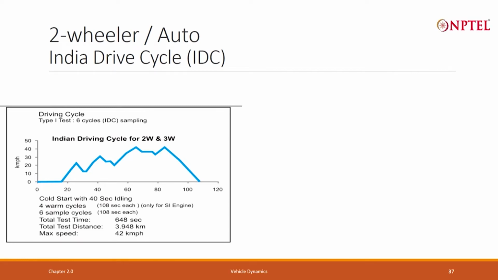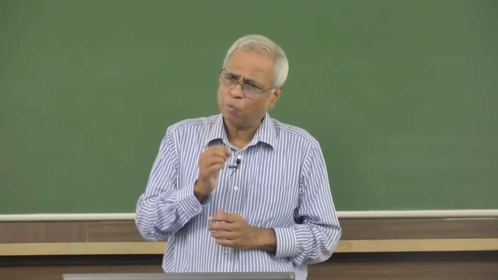Because in different cities the roads may be of different kinds, the slopes may be there or not there, and the traffic may move at different speeds. But there is an India drive cycle which is widely used to compare one 2-wheeler with another pretty much around the country.